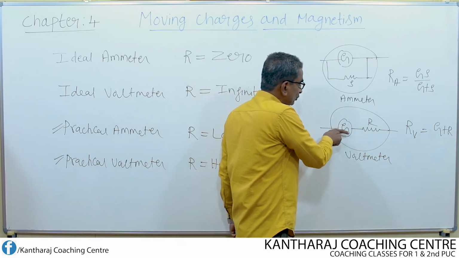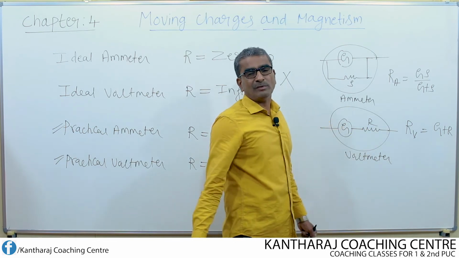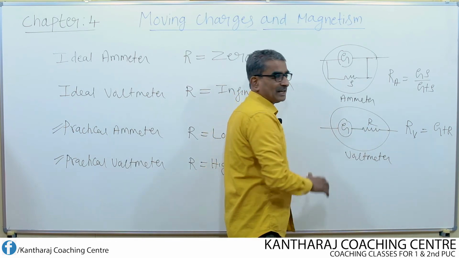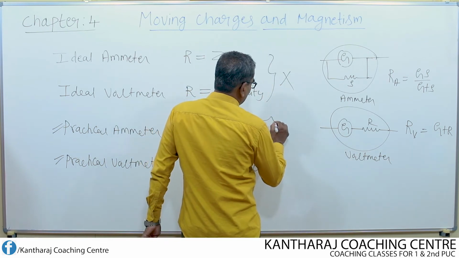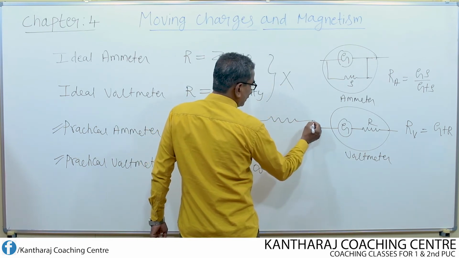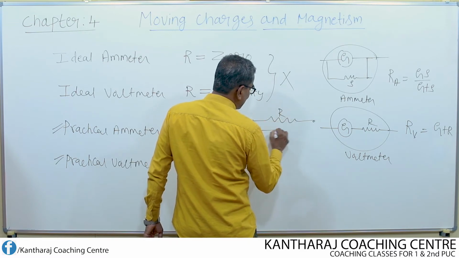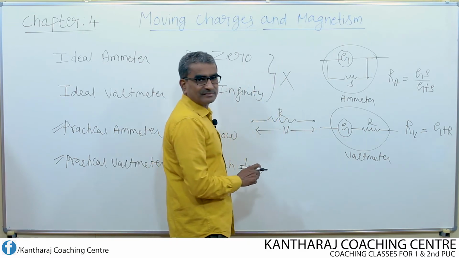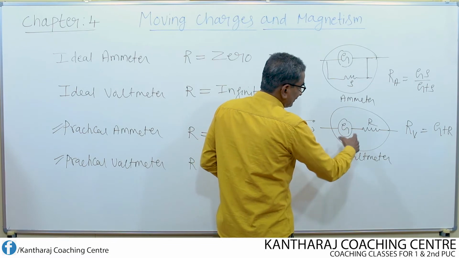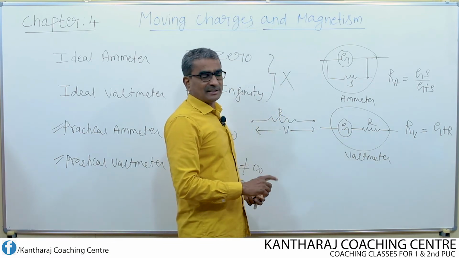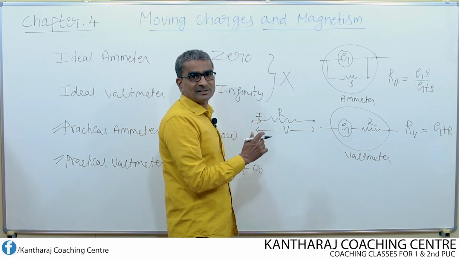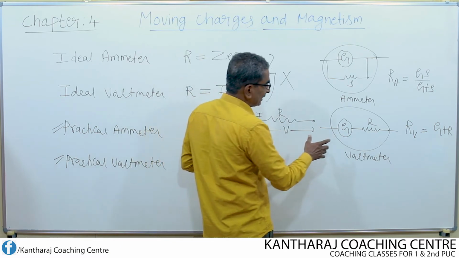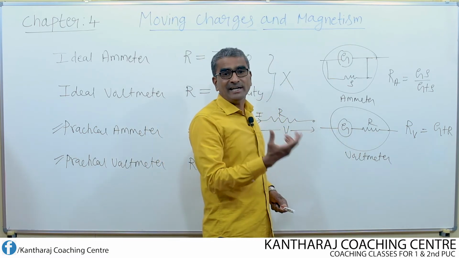because a voltmeter should not draw too much current. If that happens, then the potential difference between any two ends of a circuit or a resistor to be measured changes. If the voltmeter draws too much current, then the main current which is to be measured changes. That is why a voltmeter is always made to have high resistance.